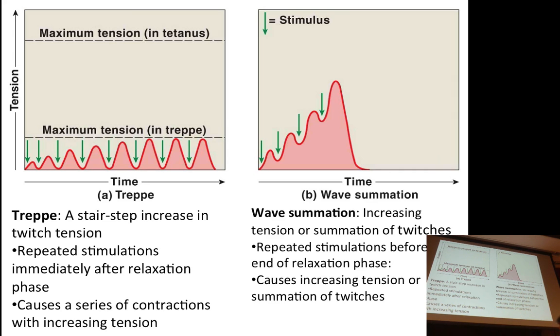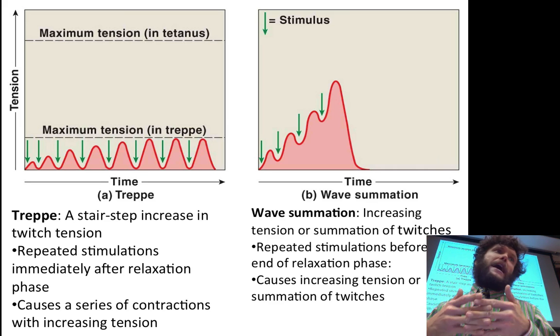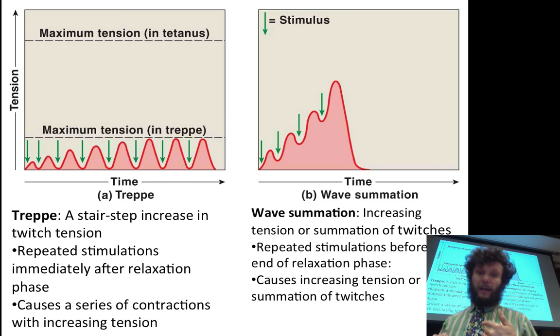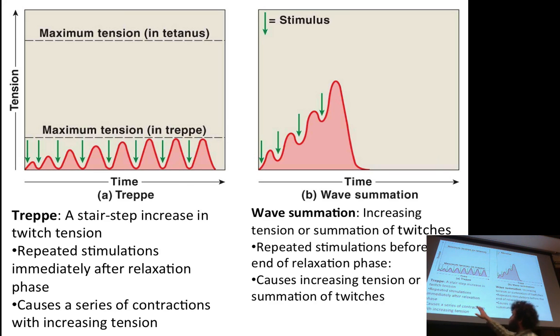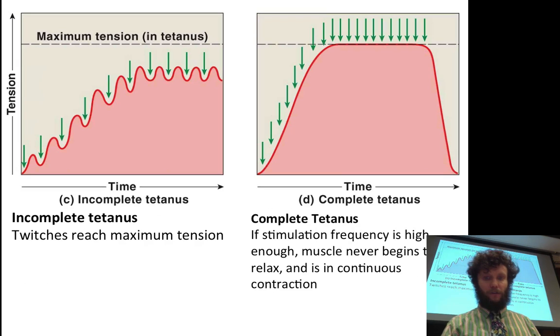Then we can get, if the stimulations are so rapid that the beginning of one contraction cycle overlaps with the relaxation phase of another, this wave summation. So each of these waves of contraction begin to overlap, and we step that tension up slowly. It's stimulation before the end of the relaxation phase.